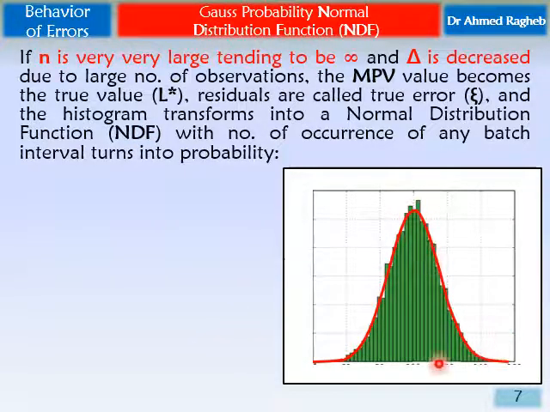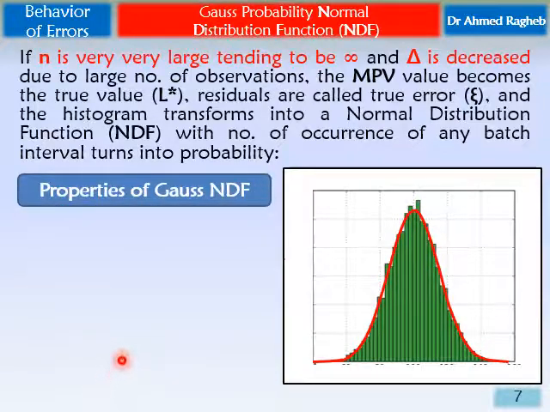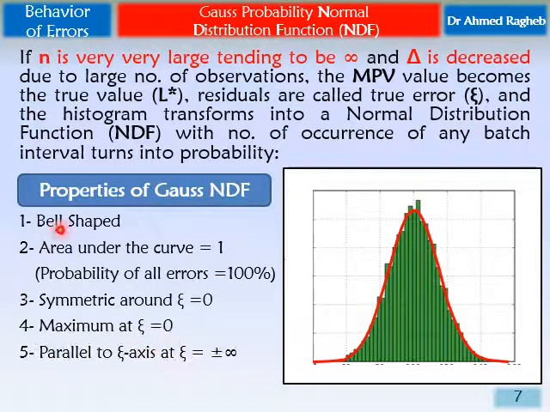Because you decrease the intervals and have lots of measurements, the histogram is turned into the normal probability distribution function of Gauss, which has several properties. Mainly, it is bell-shaped. The area under the curve is 1 because the probability of having all errors is 100%.